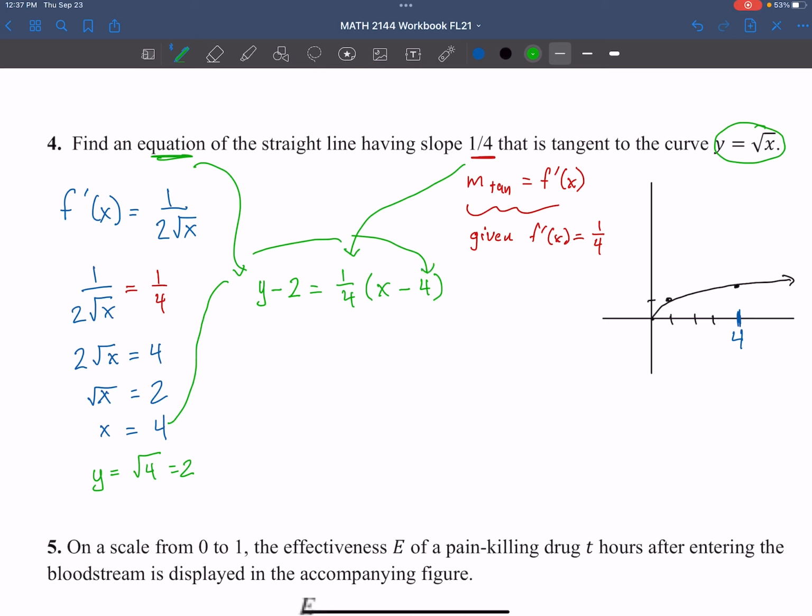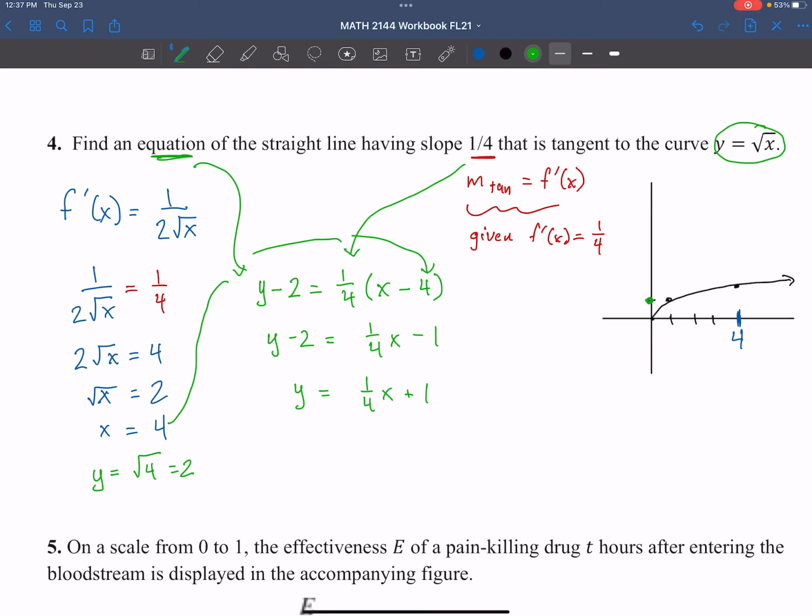Everyone see where that all came together? Great. Of course, when we're asked for an equation, we typically want it in y equals slope-intercept form. So we get y minus 2 is equal to 1/4 x minus 1. And then lastly, add 2. So we get y is equal to 1/4 x plus 1.